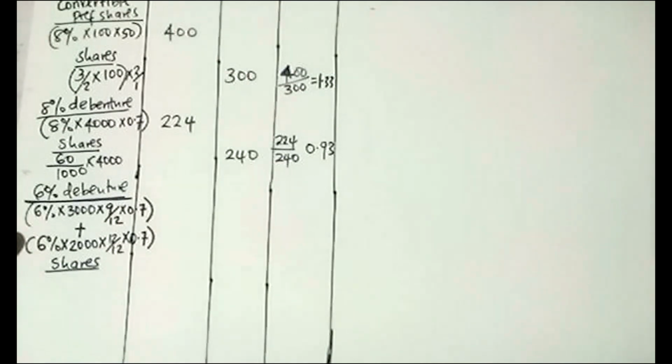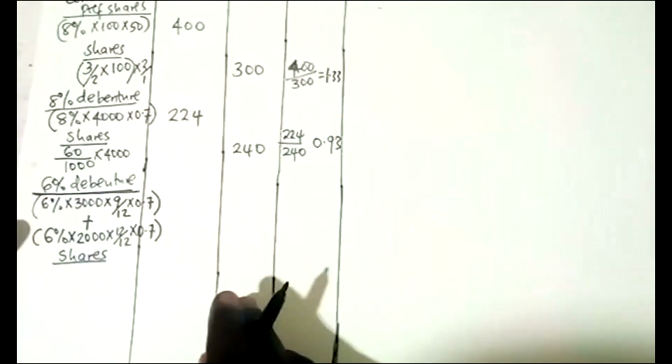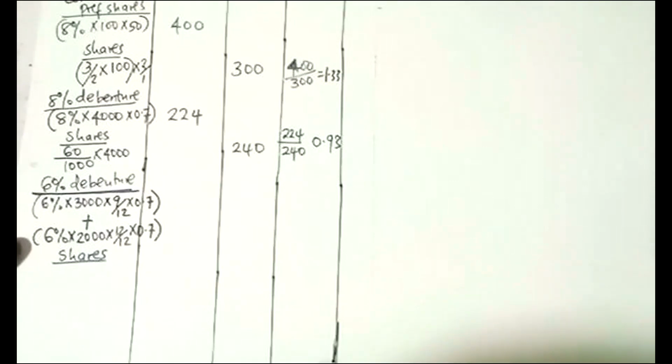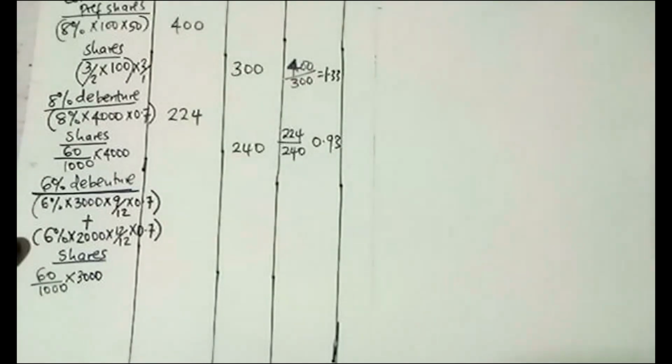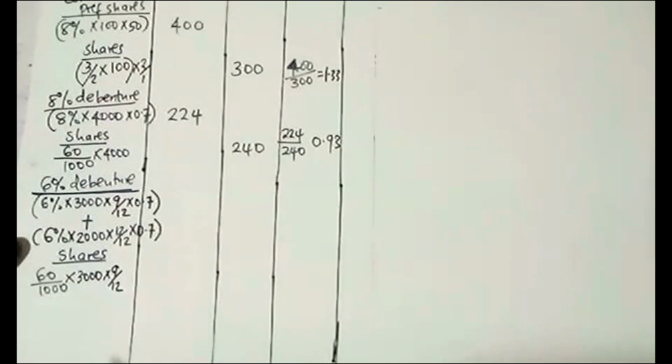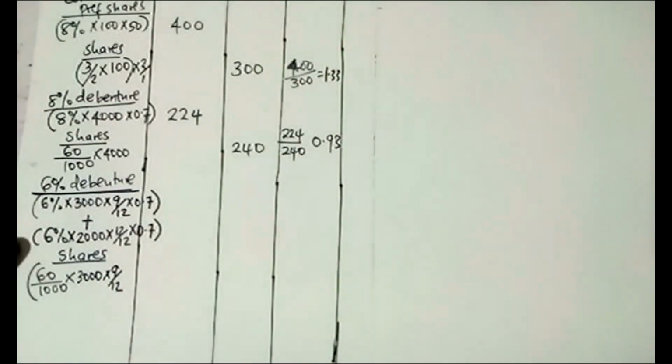use the proportion. The proportion for conversion was 60 for every 1,000. You consider first the one which was converted, the 3 million up to the date of conversion, 9/12. Then remember that the security of 5 million was there from 2010, which is a period before the split.